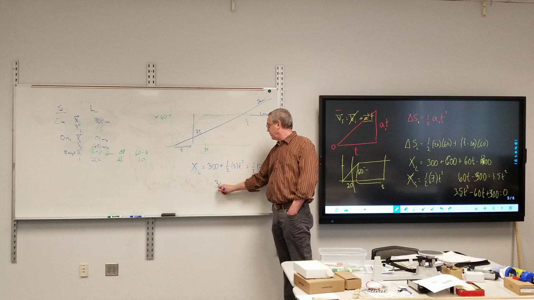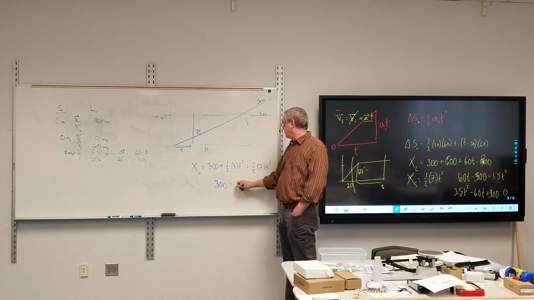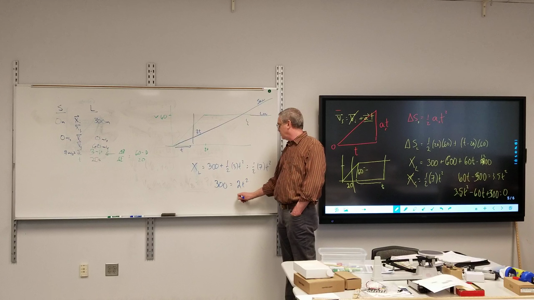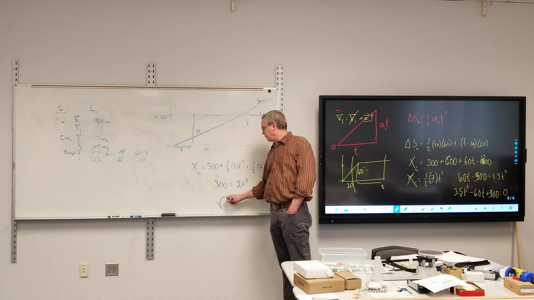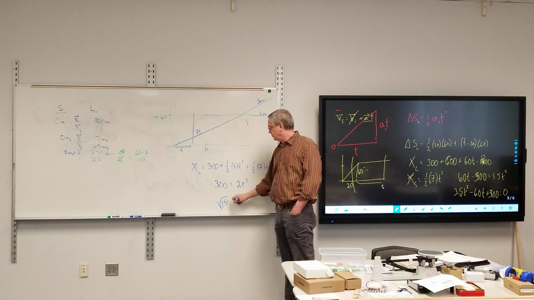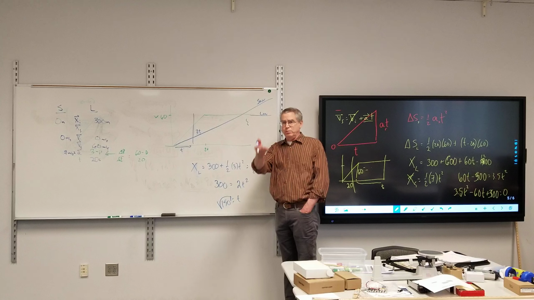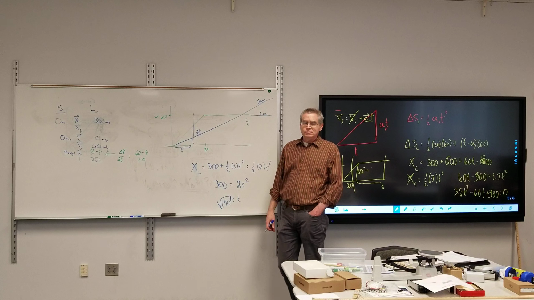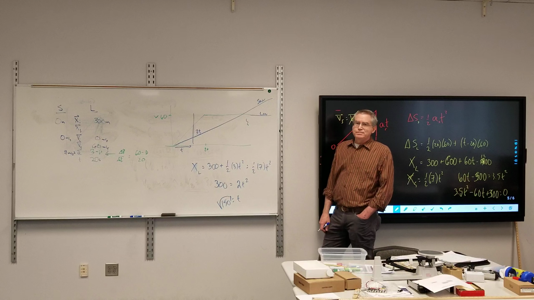So we have 300 is equal to 2t squared. T becomes the square root of 150, which presumably is 12 point whatever. Wait, whoa, pause. How did you get that?